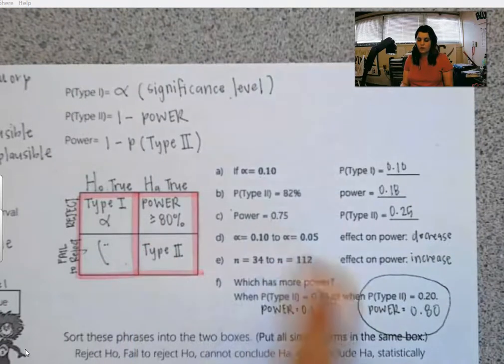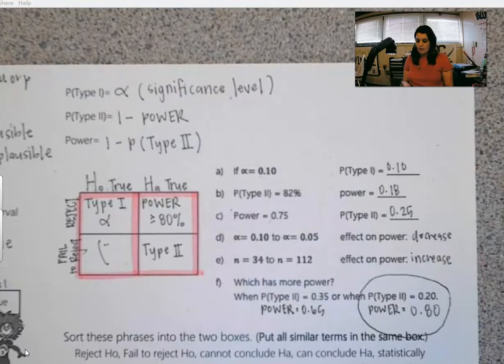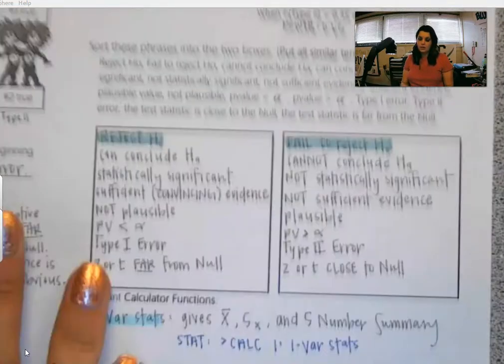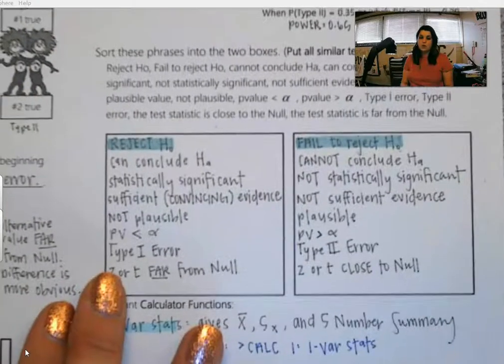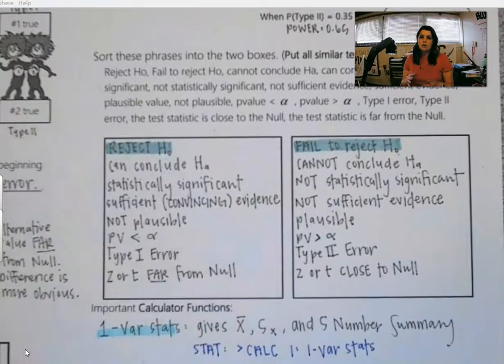We have some questions here to answer. And then arguably the most important element of this overview is grouping the right phrases together. So one box is all of the things that go with rejecting the null. The other box is all of the things that go with failing to reject the null.